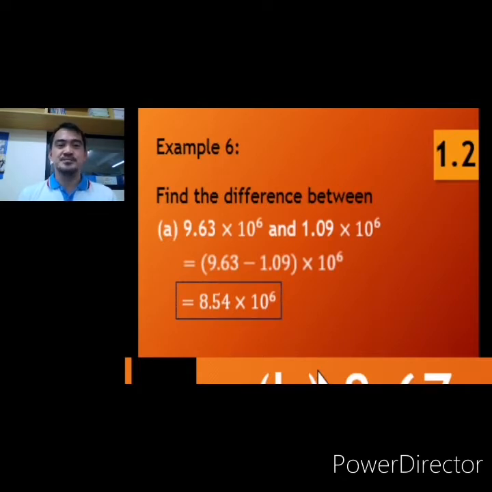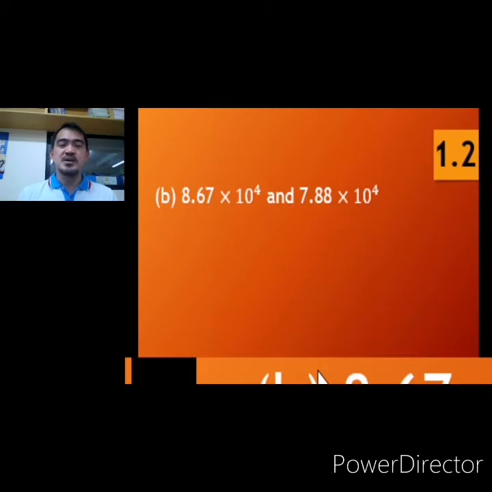Let's continue. Letter B. Find the difference between 8.67 times 10 raised to 4 and 7.88 times 10 raised to 4. They have the same power of base 10, which is positive 4. So let's just get the difference between 8.67 and 7.88.